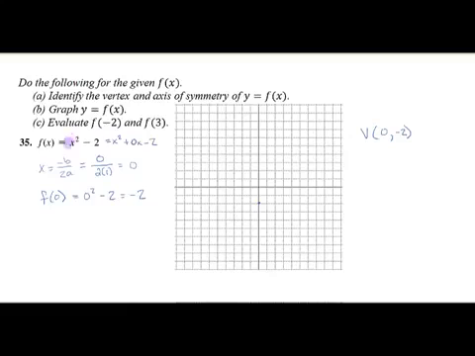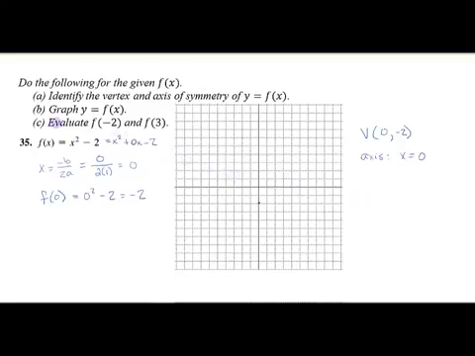And our a here, just to observe this, we have a 1, so it's going to be the same width as our standard parabola that doesn't have another coefficient in front. Let's look at finding the axis of symmetry. Remember, the axis of symmetry is x equals the x part of the vertex, so x equals 0.